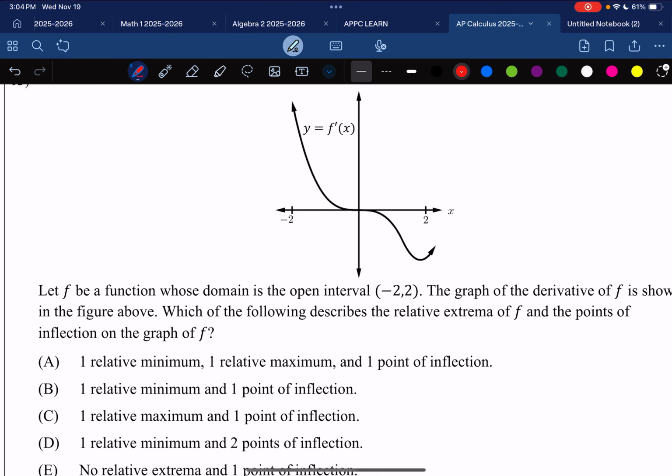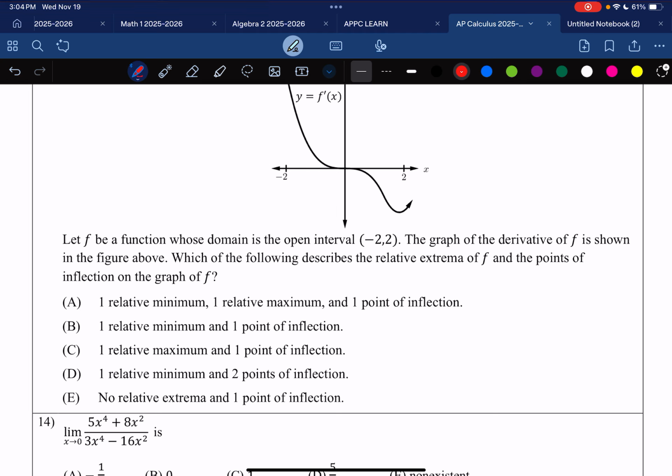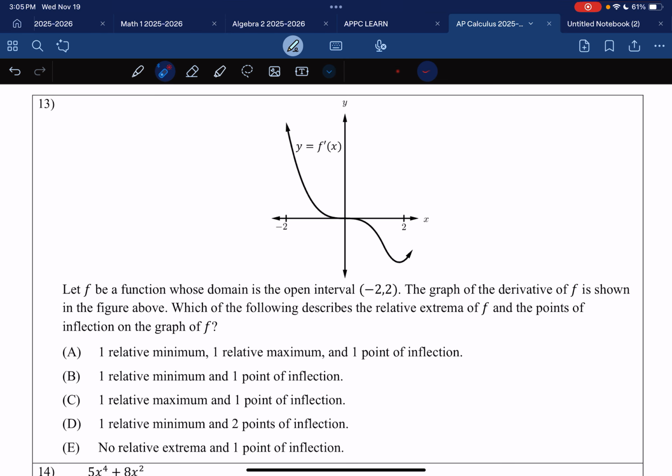Now I'm moving on to number 13. We're trying to describe relative extrema. Relative extrema is a fancy way of saying minimums and maximums, and points of inflection for the graph. So on this graph, we have f prime. If this is a graph of f prime, I'm going to be asking for the definitions of minimums and maximums as well as inflection points.